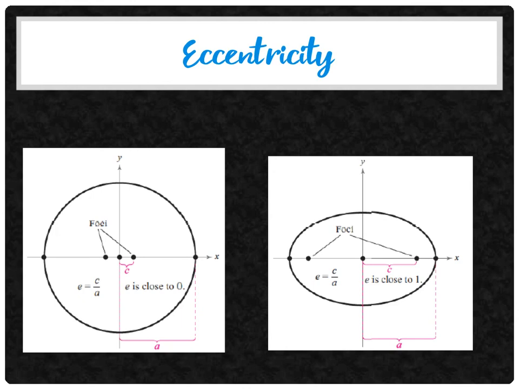So in these shapes right here, notice that E, C over A, is close to 0, which makes this pretty much like a circle. And this one, E is again C over A, but this time it's close to 1, which means it's more oval.